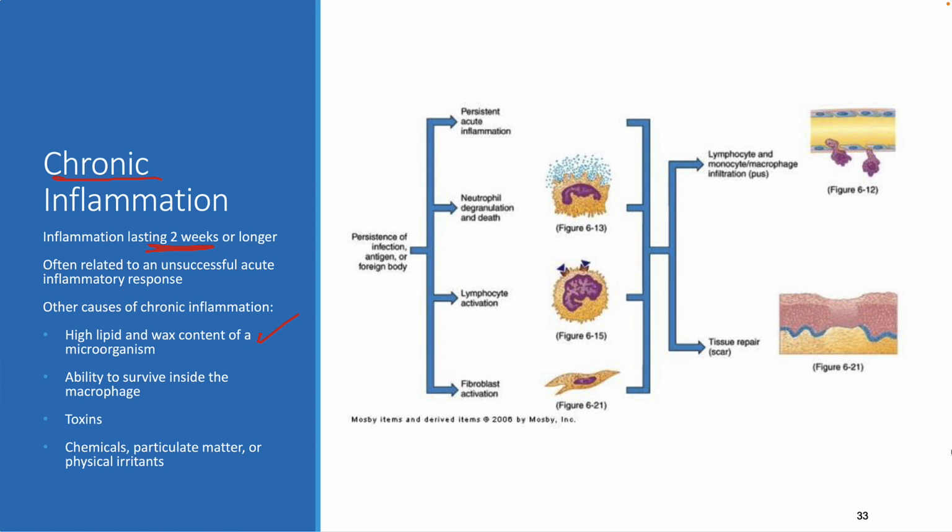There's also toxins that can do it. And if there's a large amount of particulate matter or physical irritants, say for instance you don't get the splinter out all the way, or you have some retained foreign body in there, those are responsible for chronic inflammatory conditions as well.